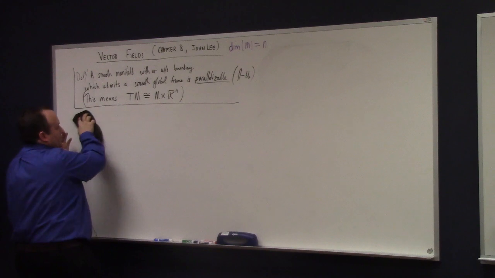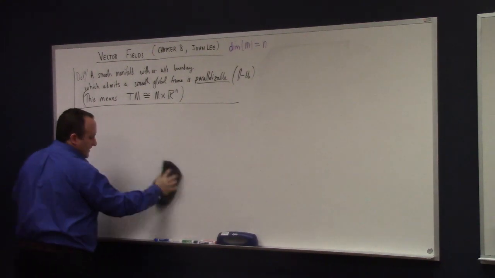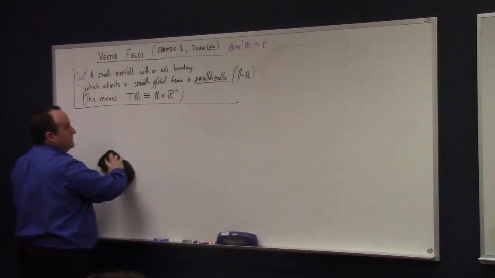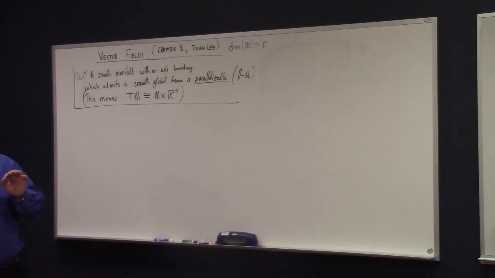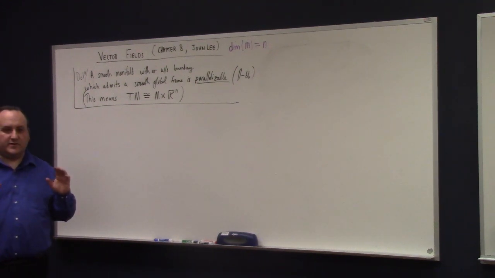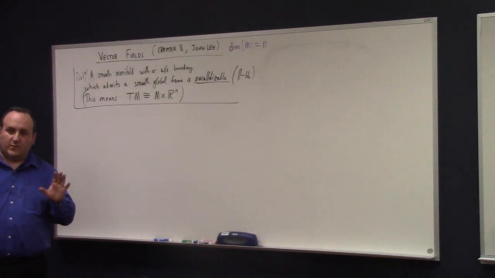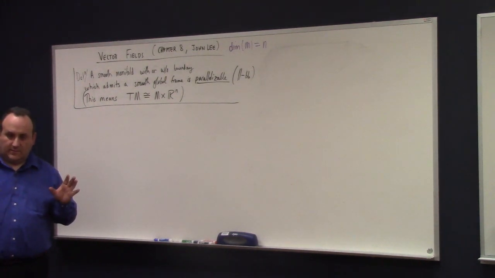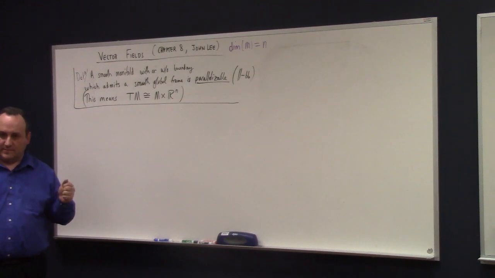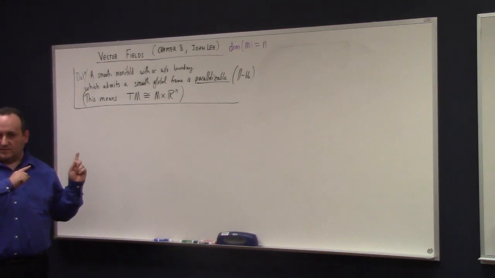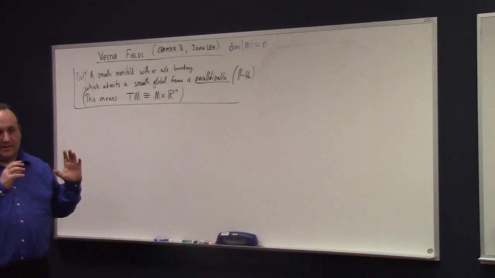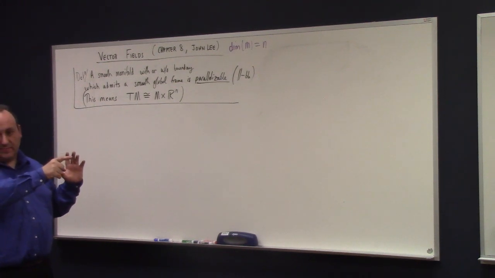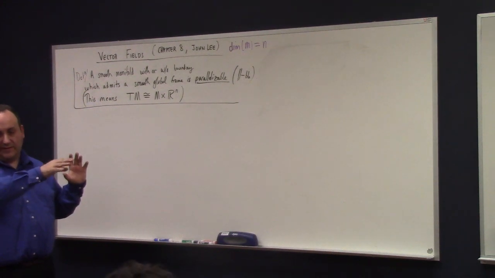So this ability to write the whole of the tangent bundle as a Cartesian product means that the tangent bundle is a so-called trivial bundle. There was a homework problem on this where you were asked to show that the tangent bundle to the circle was diffeomorphic to the circle cross R. That's this in action, because the diffeomorphism, the way you wrote it down, was to use the theta coordinate map, the theta frame, the smooth global partial theta vector field.